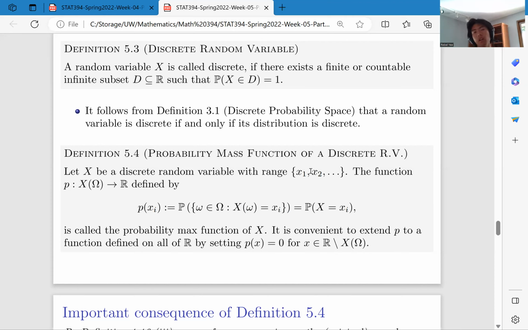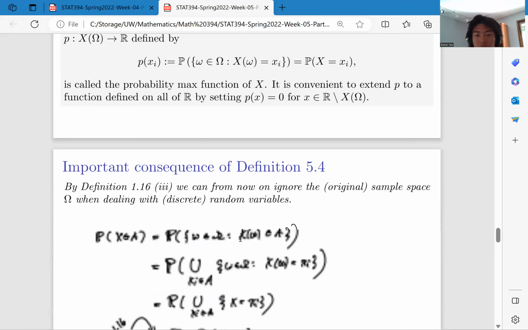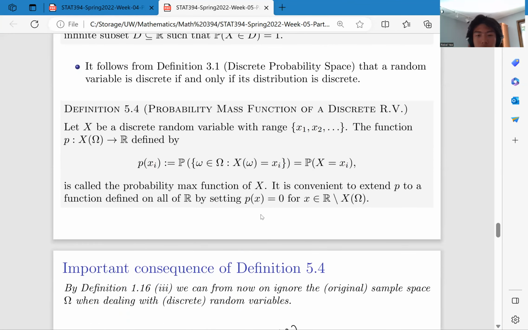But we can form something to connect them together. That is to define p(x) equal to 0 if x is not in that D region. It's not in D, so it must be 0 outside. In that case we get a function that has a value for any input.